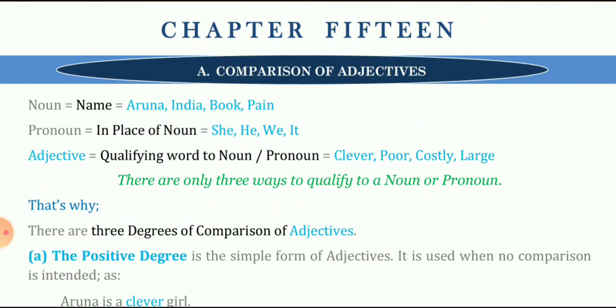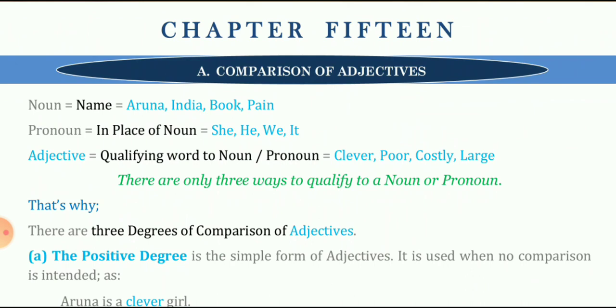Before starting this chapter, we should know what is noun. Noun is a naming word we know well as Aruna, India, book, pen. And then we should know pronoun. Pronoun is a word which is used in place of noun as she, he, we, it, and so on.